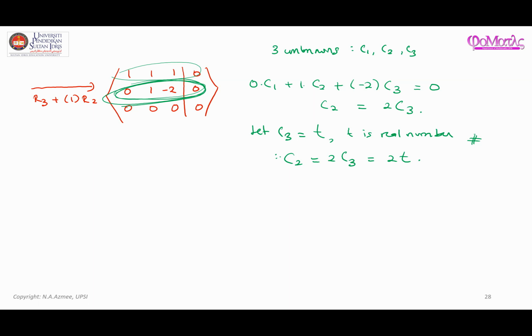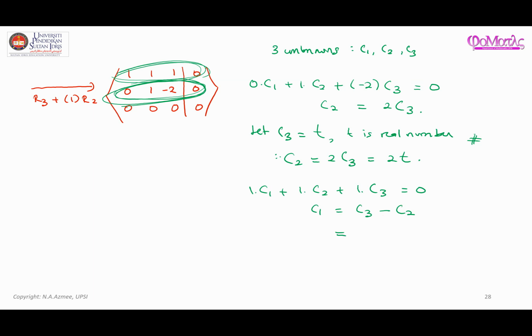Next, what we have is this part here: 1 times c1 plus 1 times c2 plus 1 times c3 is equal to 0. Therefore, c1 is equal to c3 minus c2.